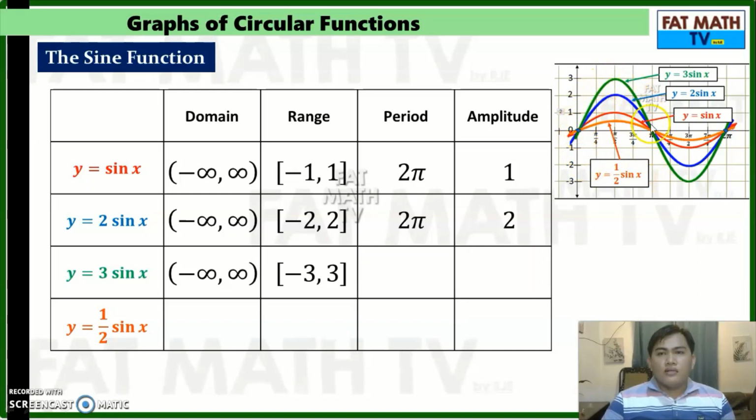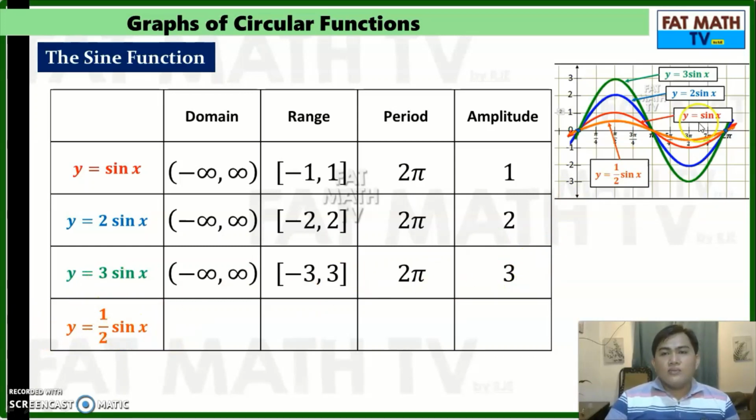The period, so one complete cycle. The graph has one complete cycle every 2 pi units. So in this case, from 0 to 2 pi, that's one complete cycle, and then it will repeat again from 2 pi to 4 pi. So the period is 2 pi units. And of course, the amplitude is the absolute value of 3, so that is 3.